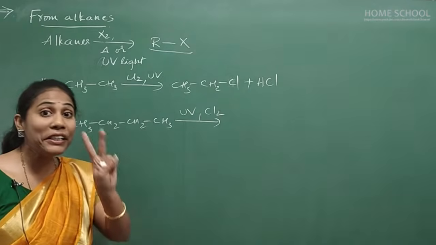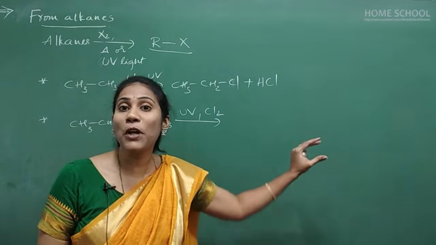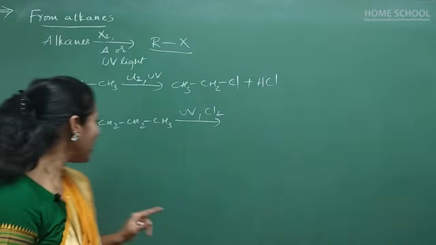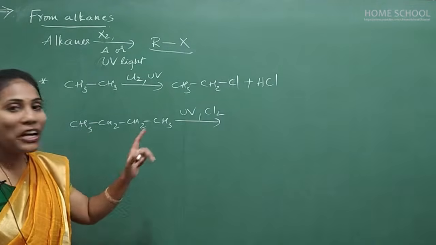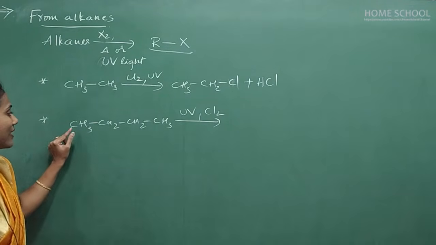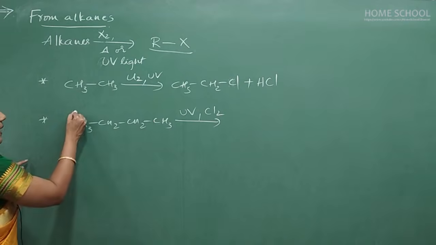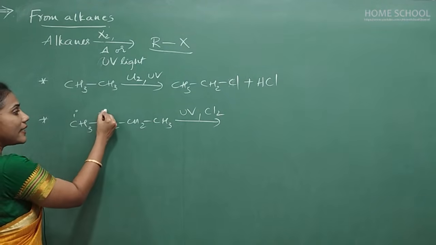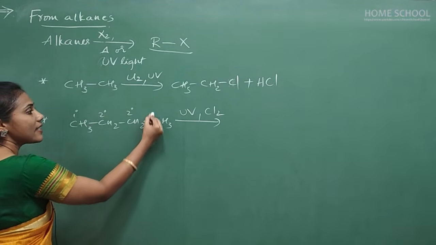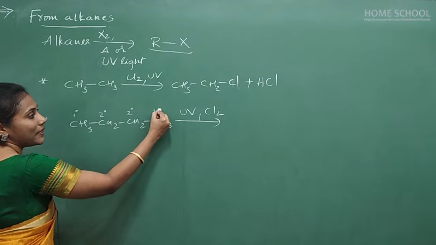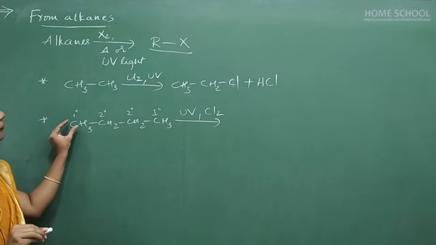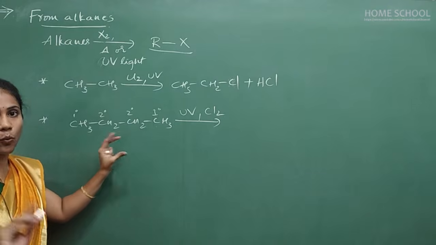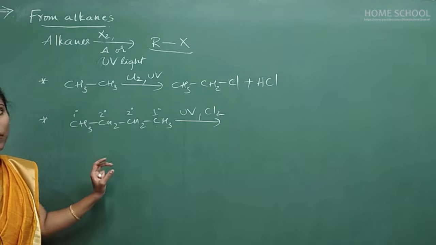Here you will be getting two isomers, that is two products, because all carbons are not similar. Let's understand this. What type of carbon is this? Primary, right? And this carbon secondary, this carbon secondary, and this carbon again primary. So you have primary carbons of one type and secondary carbons of another type.